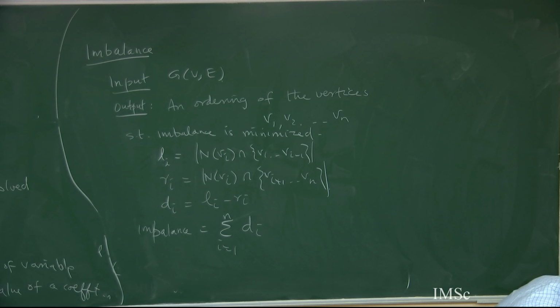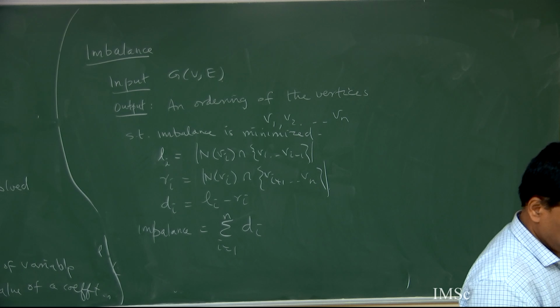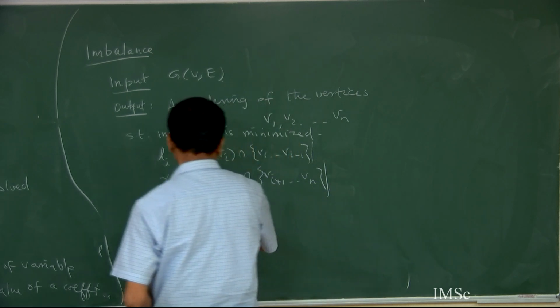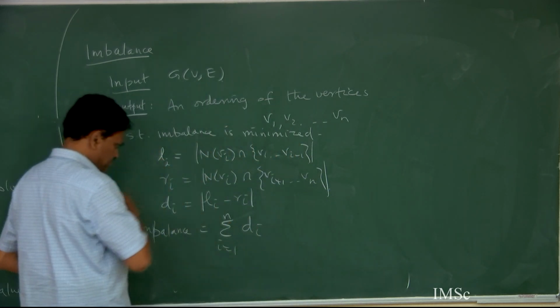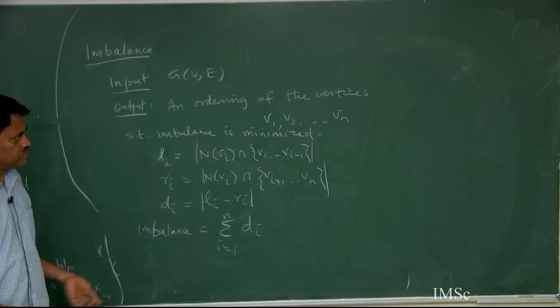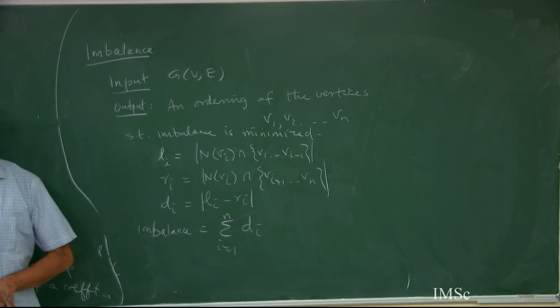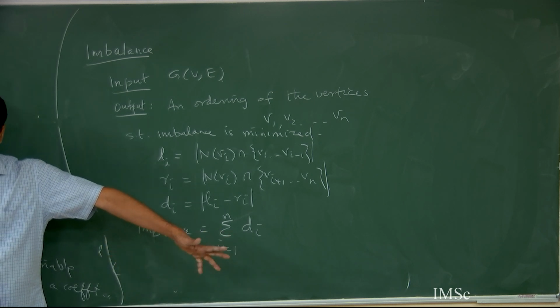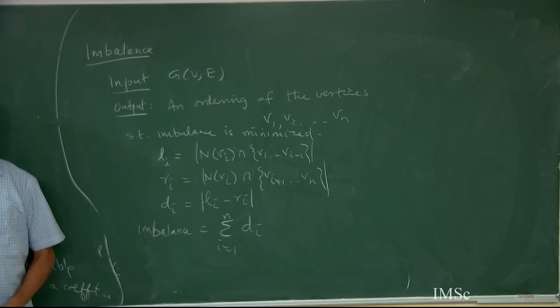So you want as many neighbors on the left as on the right if possible, then the imbalance would be 0.